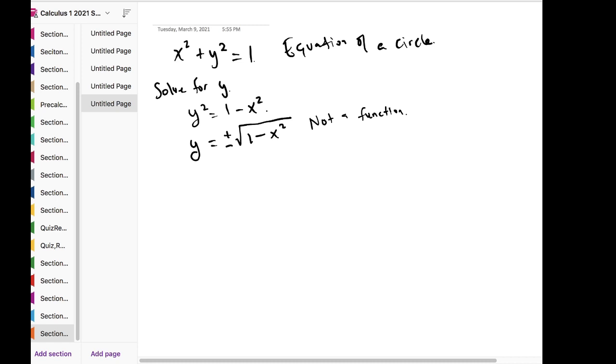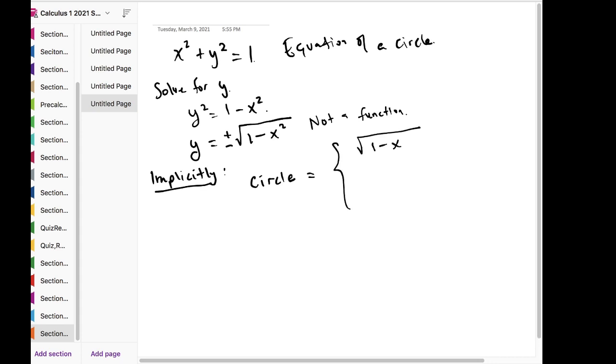But what's the implicit function? We can say the circle is two things. It's positive square root of 1 minus x squared when what? And it's negative square root of 1 minus x squared when what?